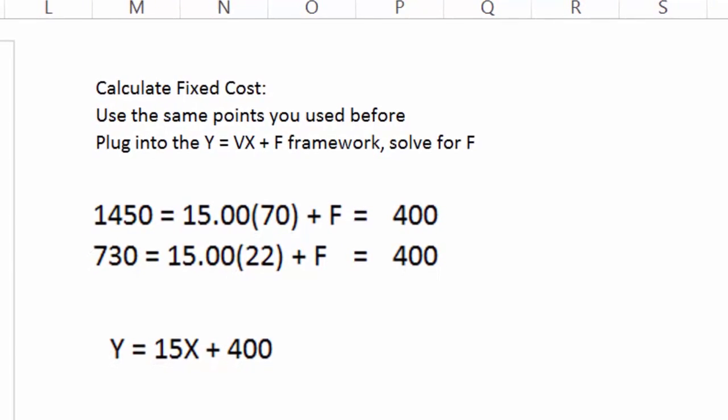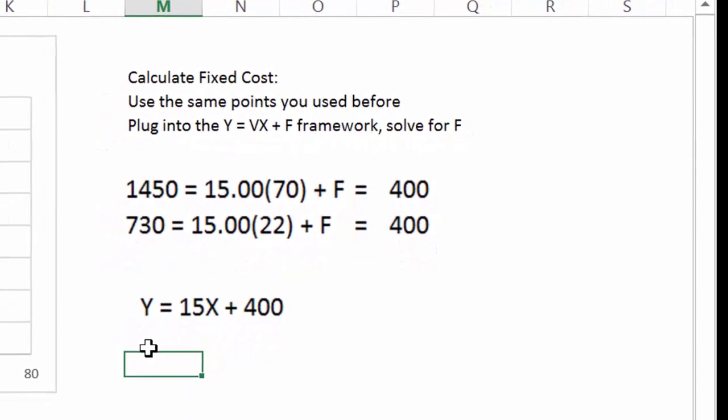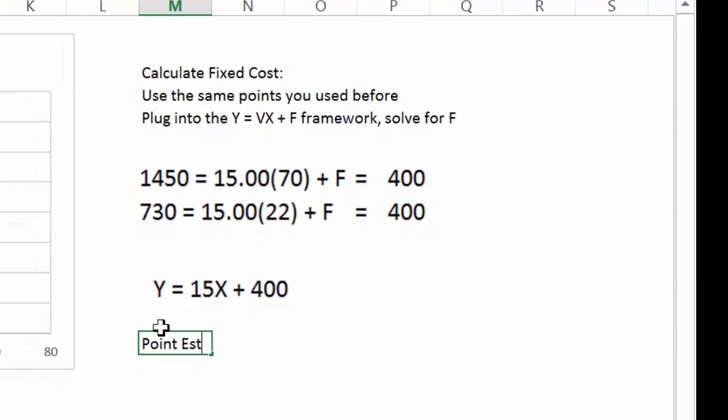Now what we want to do is a point estimate. Let me type that out. We want to do a point estimate. Point estimate is when we want to predict our cost for a specific activity point. In this case, let's look and see what happens when we have 45 drivers. Okay, we're going to have 400, that's our fixed cost.